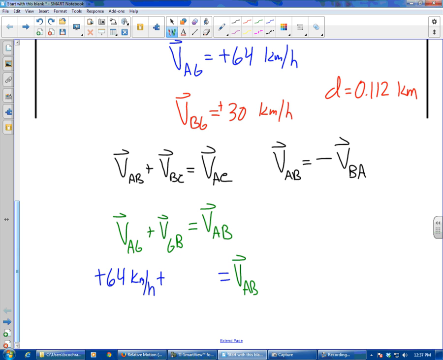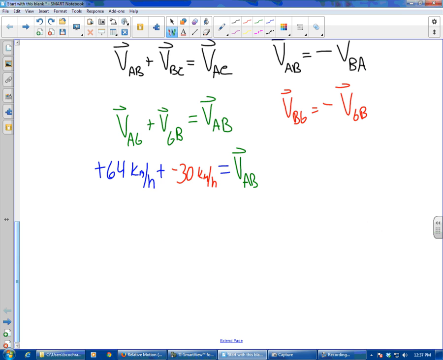So the velocity of B to G equals the opposite of the velocity of G to B. So this must be negative 30 kilometers an hour. Yes? No? So that means my velocity of car A with respect to car B is 34 kilometers an hour. I didn't even have to follow my calculator yet, have I?